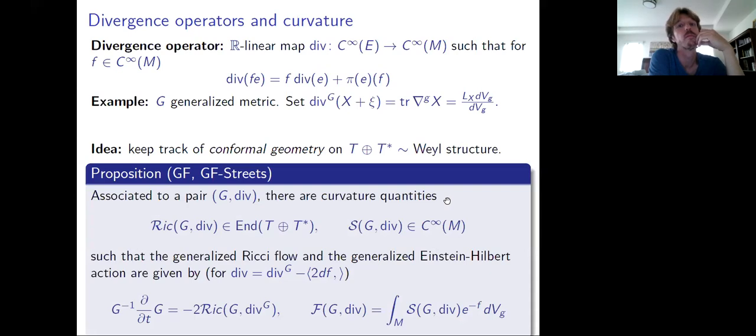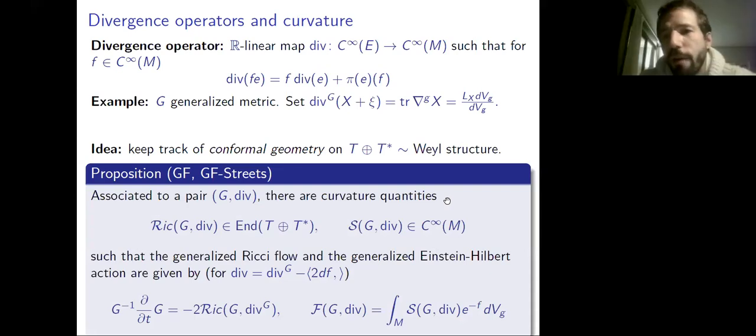So the idea is the following. In order to prove the theorem that I told you, that these quantities, the generalized Ricci flow and the generalized Einstein-Hilbert action, are invariant under generalized diffeomorphisms, or under this group of automorphisms of the Courant algebra, I need to interpret the quantities which appear in the equations and in the functional as natural curvature quantities in generalized geometry.